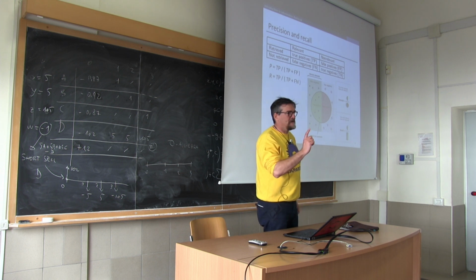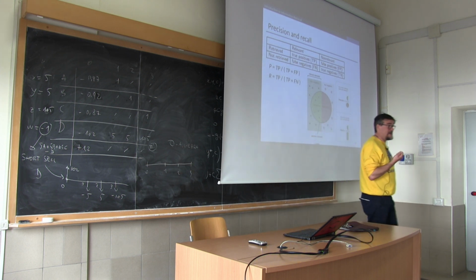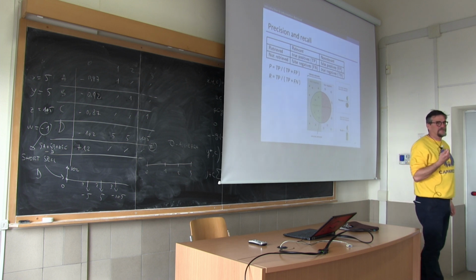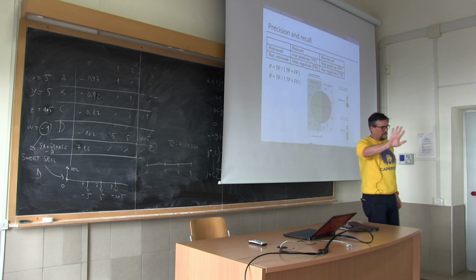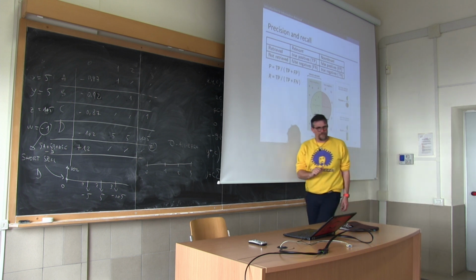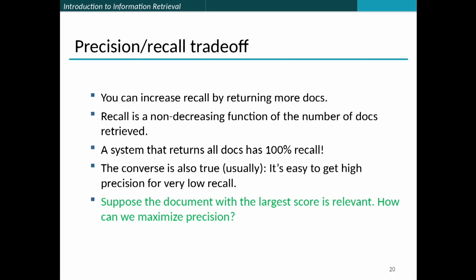Good. And so please remember this observation because it allows us to grasp why using accuracy, which is another possible metric, is not a good idea. But we will see it later on. Okay? So clearly, as we observed, you can increase the recall by returning more documents, possibly all the documents.